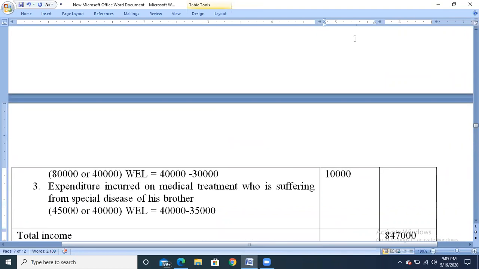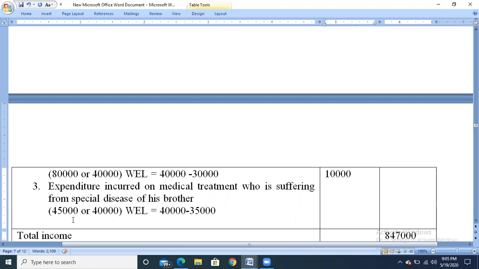Next, expenditure incurred on medical treatment of his brother who is suffering from the special disease. So even brother will be included as a family member, and he is a senior citizen, but he is not a resident of India. So in such a case, if he is a non-resident, only 40,000 will be claimed as deduction.